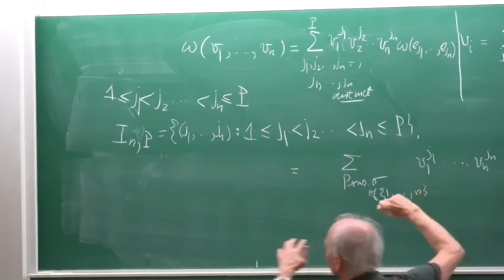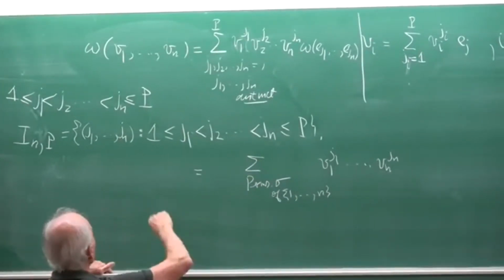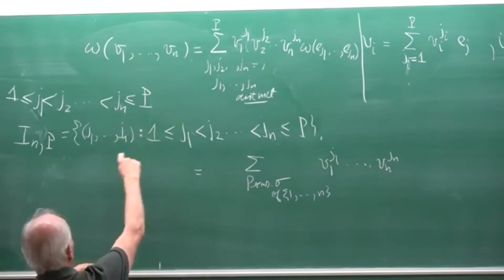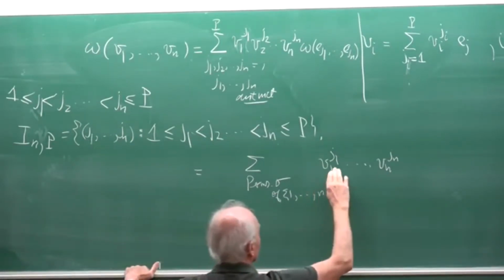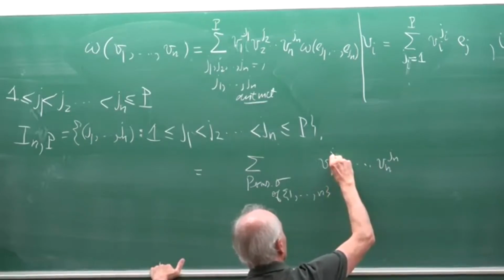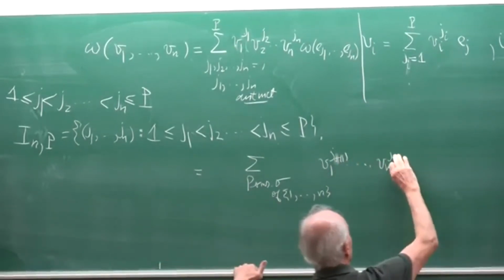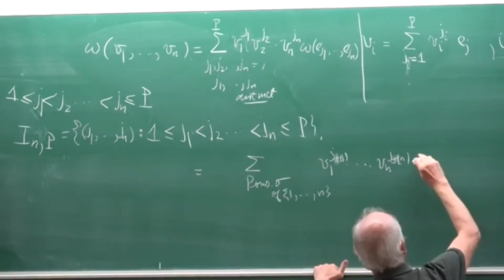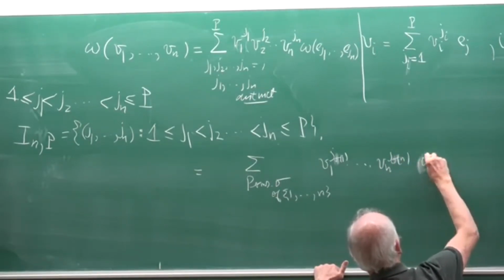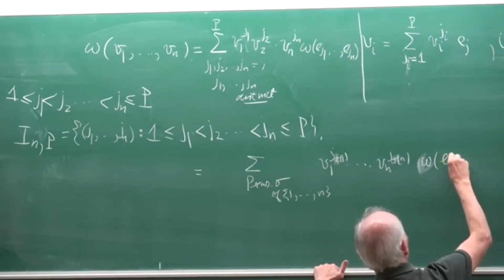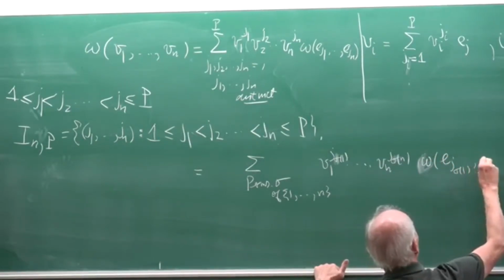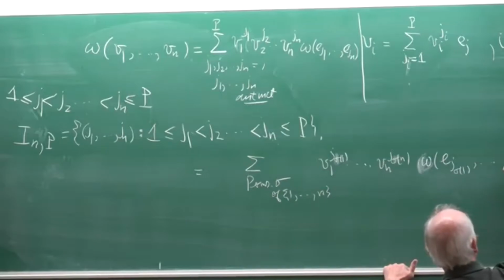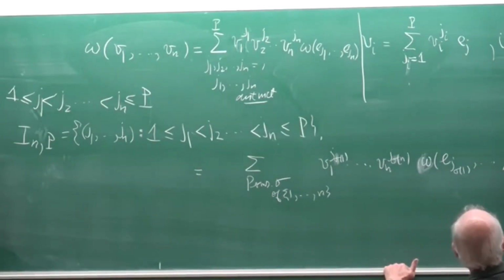Yeah, so as I said, we want to permute these around. So I want V j sigma 1 up to V j sigma n, and then omega of E j sigma 1 up to E j sigma n, like that.